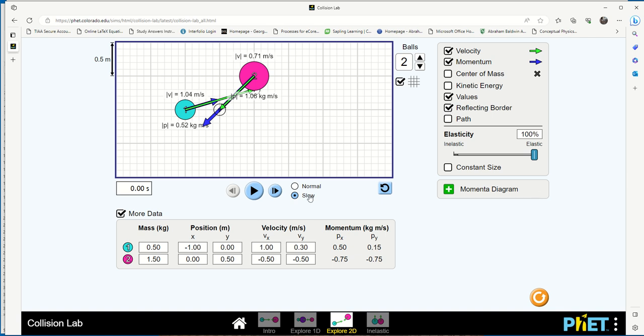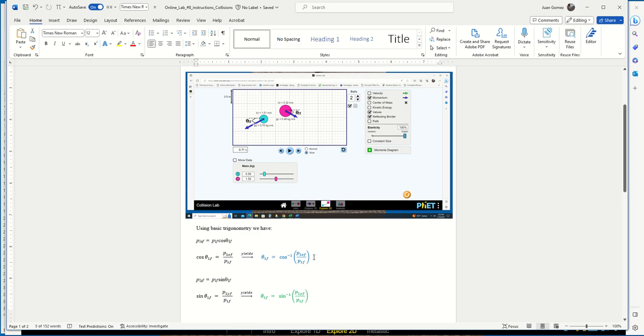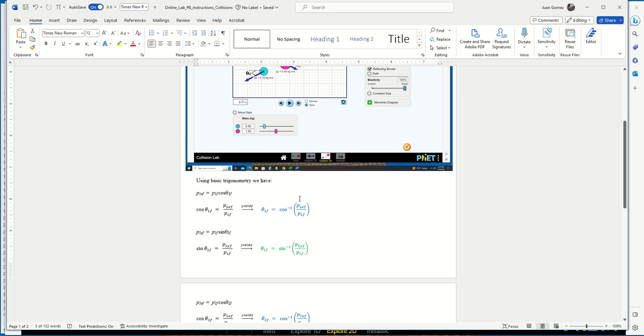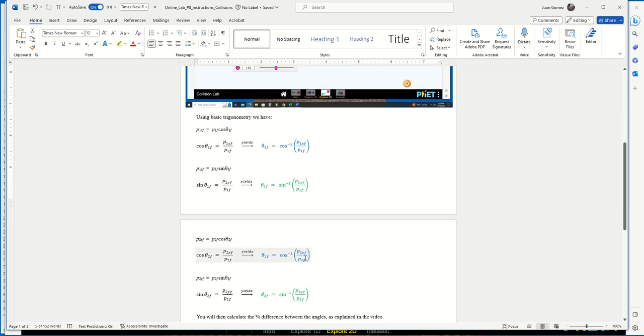Then I've set the simulation speed to slow. I have all the initial values, and after they collide, it will give me the final momenta. Here you'll have P1x final, P1y final, P1 final, P2x final, P2y final, P2 final.